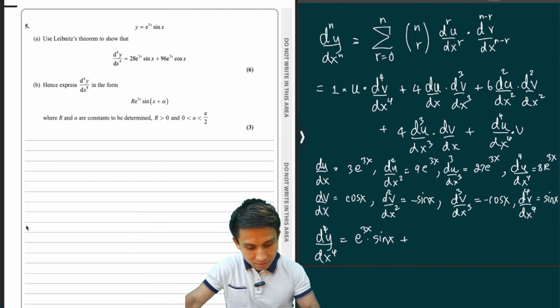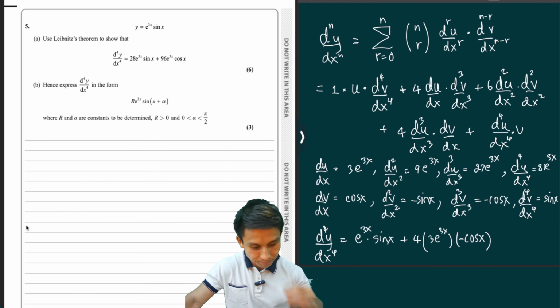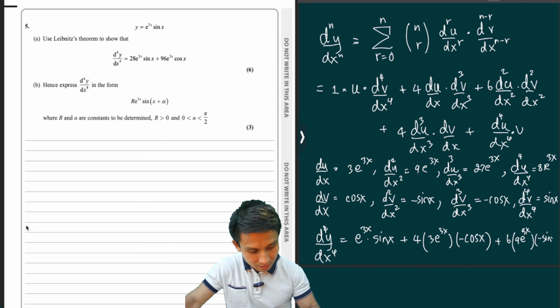The next term is 4 times du by dx, which is 3e to the 3x. I'm just going to write down everything and simplify all at once, right? d cubed v by dx cubed is minus cos x here, yeah? Plus the third term, 6 times d squared u by dx squared, which is 9e to the 3x, and then d squared v by dx squared is minus sine x.